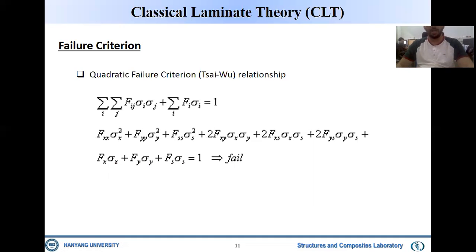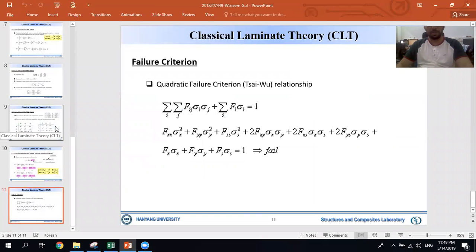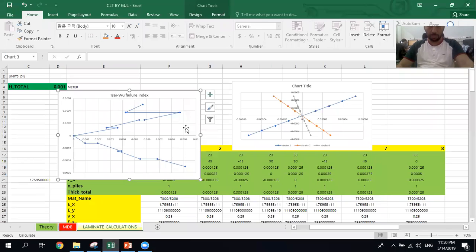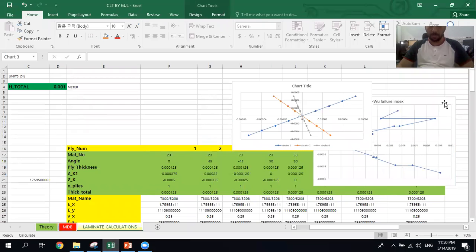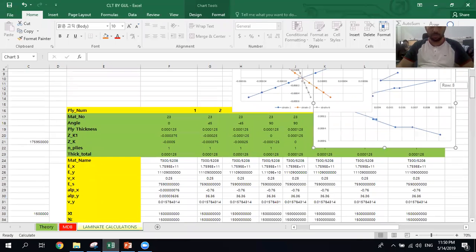Now we will see how we can use all this theory, how we can convert this theory into a tool for designing composite structures. Here I have put all this theory in this Excel form.